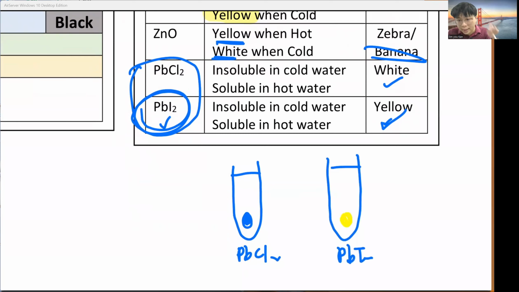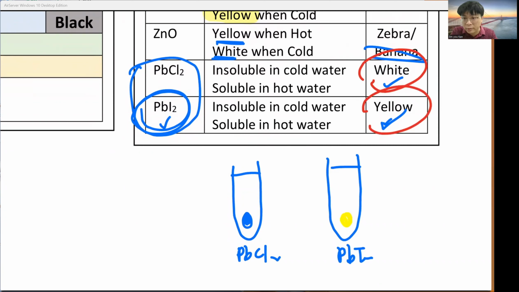When you heat both solutions, they will dissolve because they are soluble in hot water. But when you let them cool down, they will reappear. So this special characteristic always comes in the exam. Whenever this happens, you know it's either PbCl2 or PbI2 already. How to know PbCl2 and PbI2? Look at the color. If white, it will be PbCl2, and if yellow, it will be PbI2.